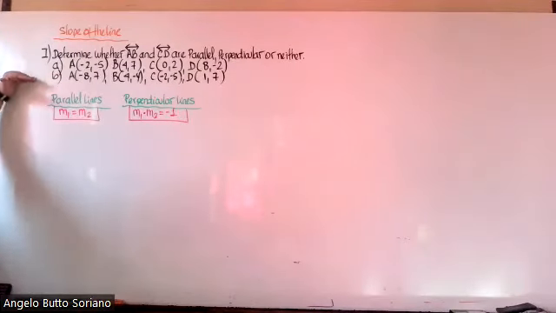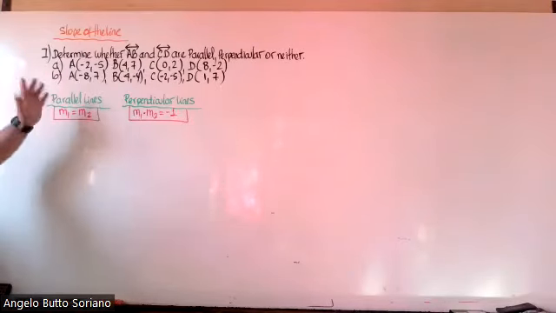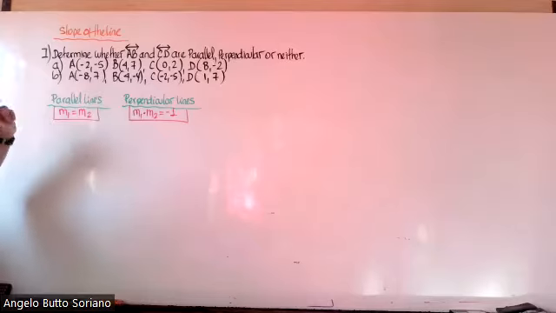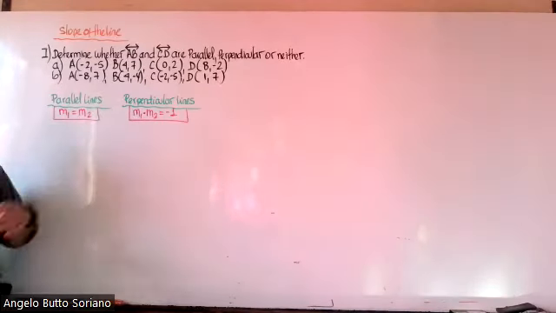If lines AB and CD don't accomplish these two conditions, the answer will be neither. And obviously we have 4 points, A, B, C, D. We have to look for the value of the slope of the line between every pair of points and apply these conditions.